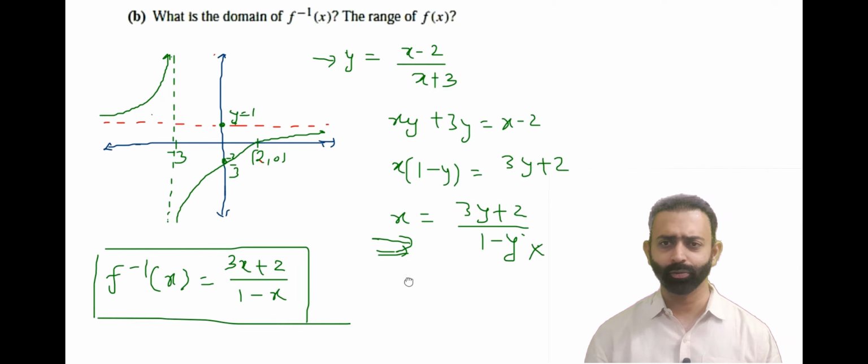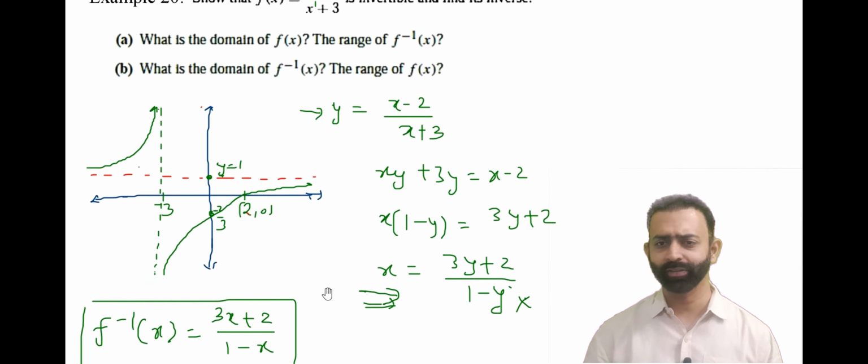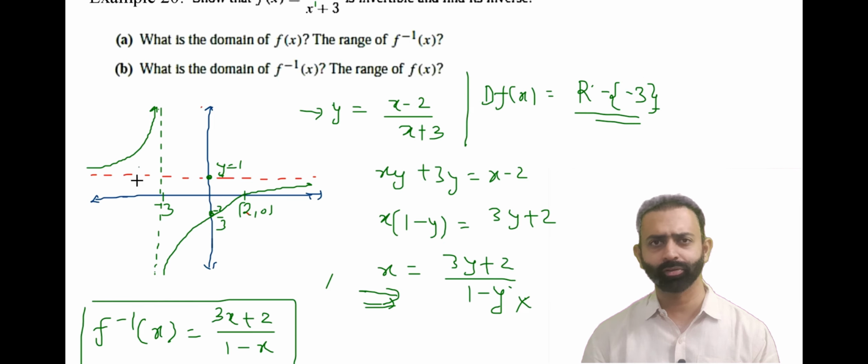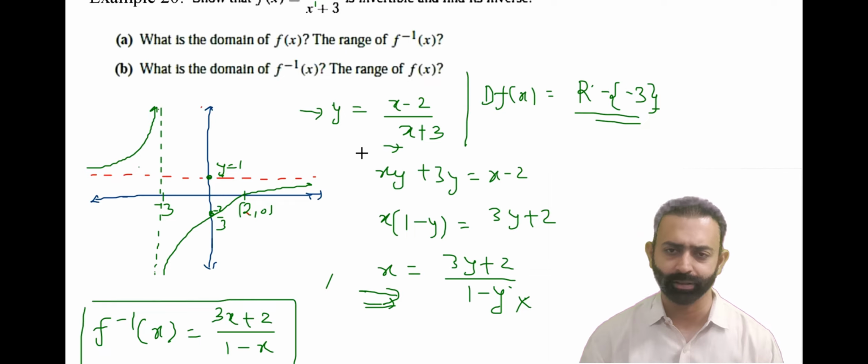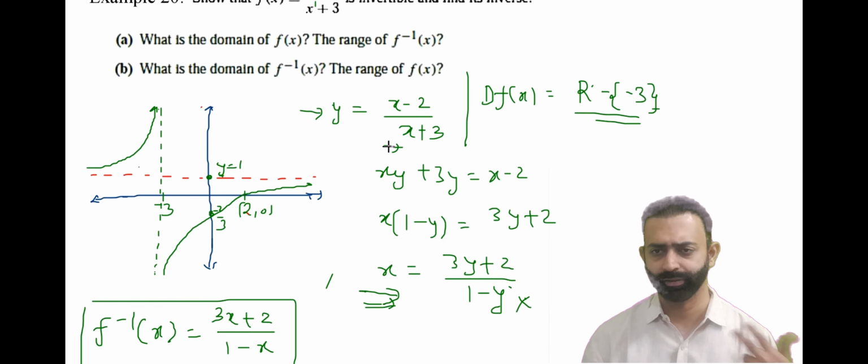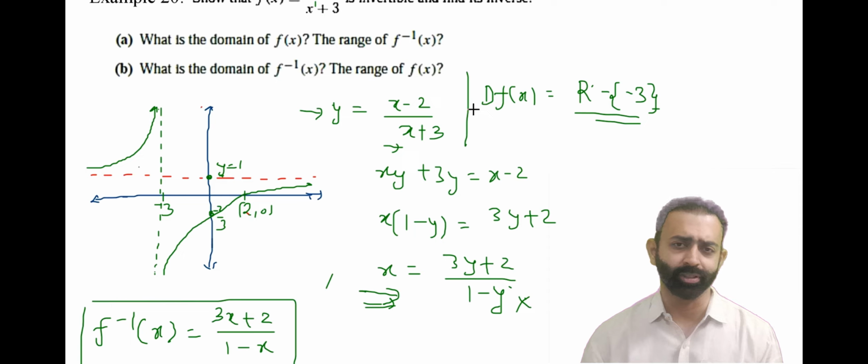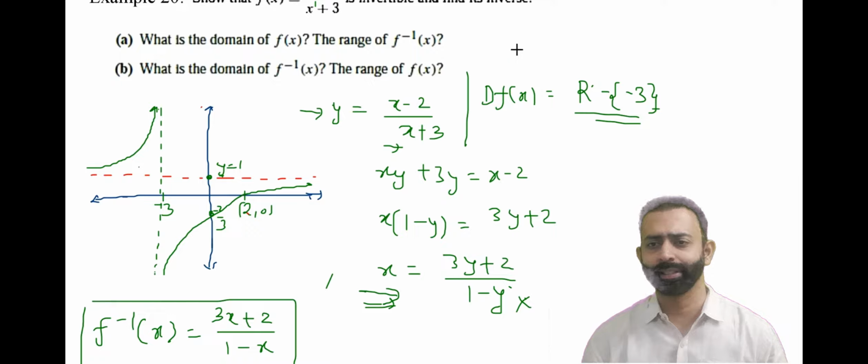Now it also asks to find the domain of f(x). As you can see clearly, the domain of f(x) is all real numbers except minus 3, that is, x cannot be equal to minus 3. From the graph also we can see this, and from the expression also, the denominator should not be zero. This domain becomes the range of the inverse function. This is the A part.